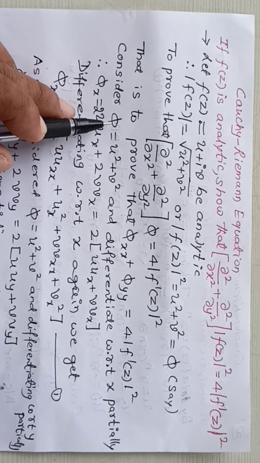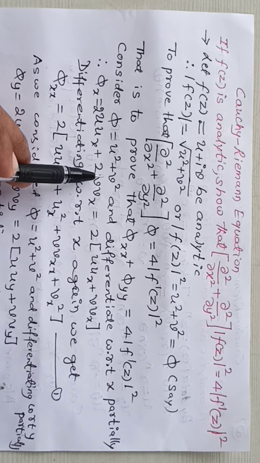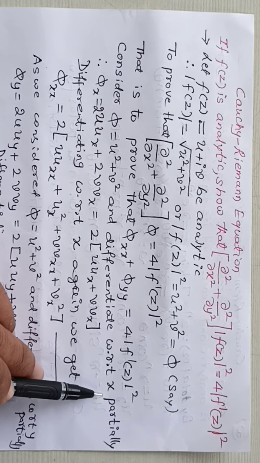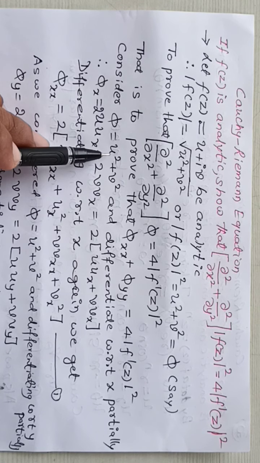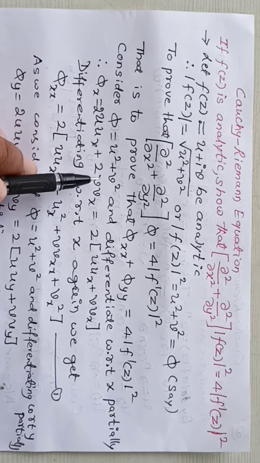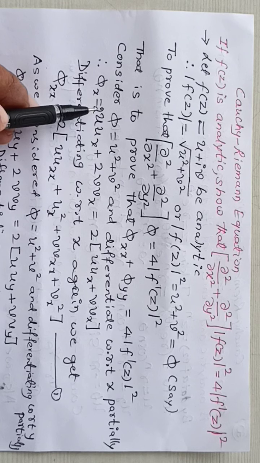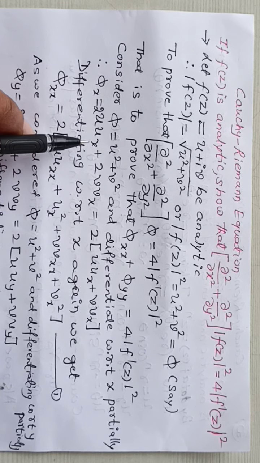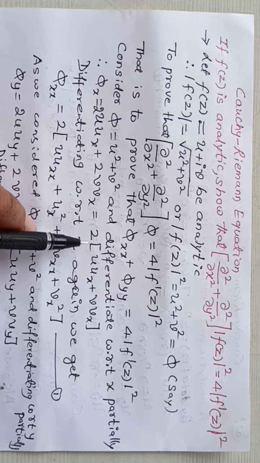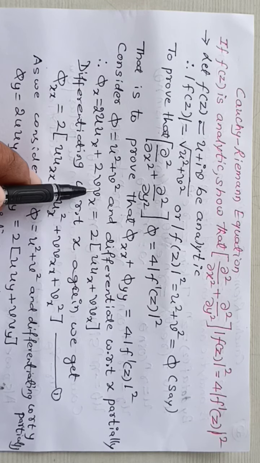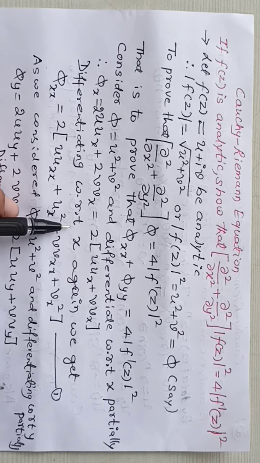Now consider φ = u² + v² and differentiate with respect to x partially. That means φx = 2u ux + 2v vx, taking 2 common: 2(u ux + v vx). Next, differentiate again with respect to x.